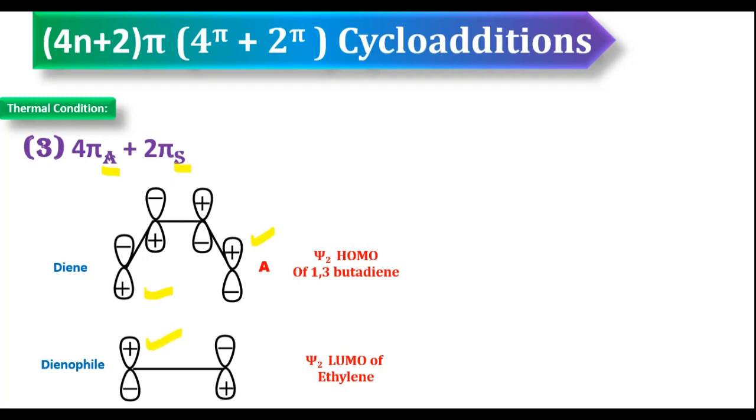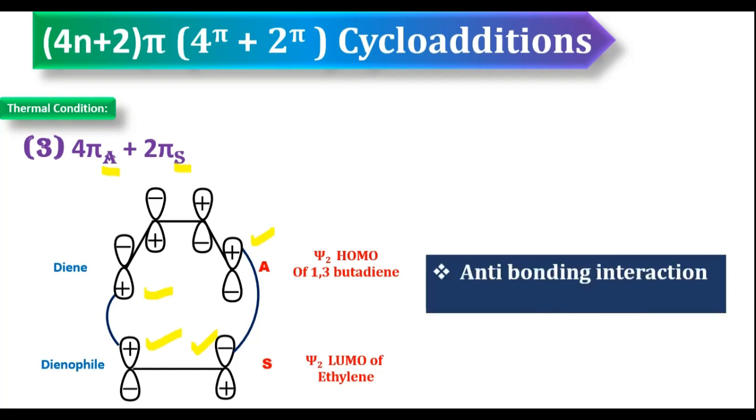Here this is undergoing supra mode of addition, that's why we are taking same side lobes. Now connect those two. Here plus is bonding interaction, minus plus is antibonding. Therefore, under thermal condition, antara supra gives antibonding interaction. That's why antara supra is thermally forbidden.